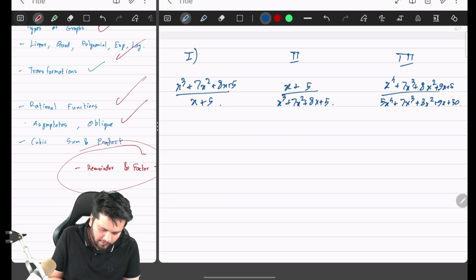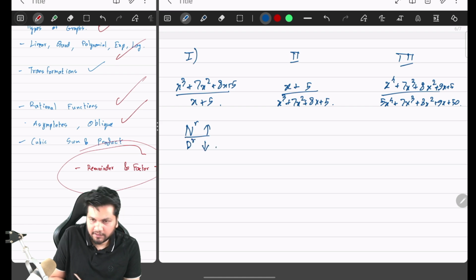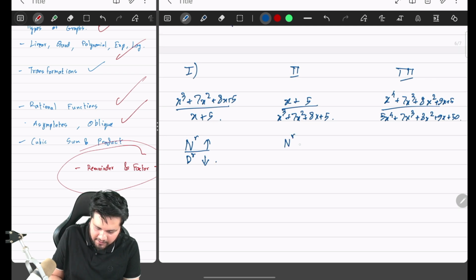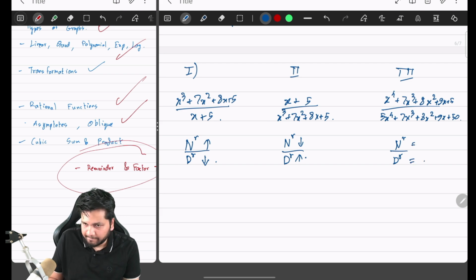Now see, here the degree of numerator is greater than the degree of denominator. I'm talking about the polynomial degree. Here the degree of numerator is lesser than the degree of denominator. And here the degrees of numerator and denominator are the same. So these are the 3 cases which we are going to get.